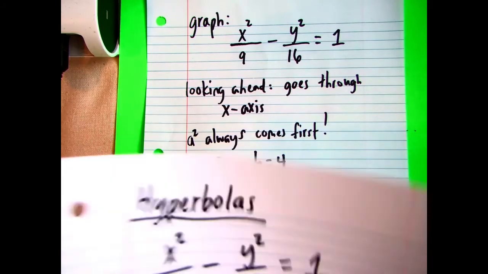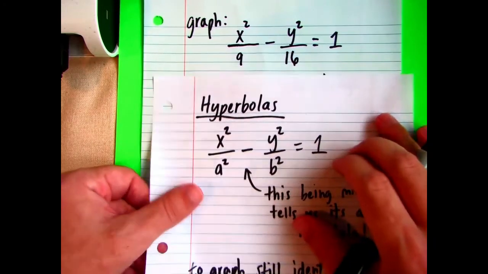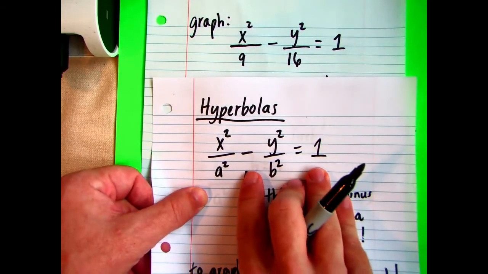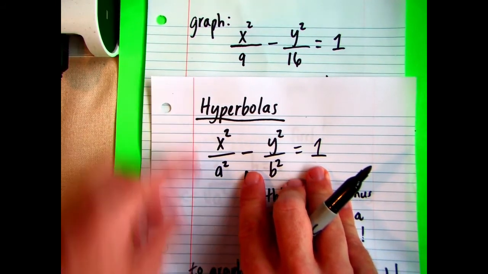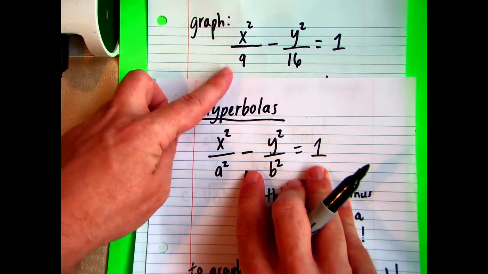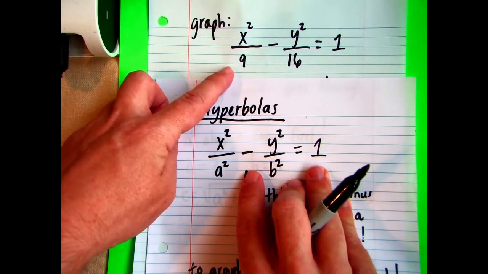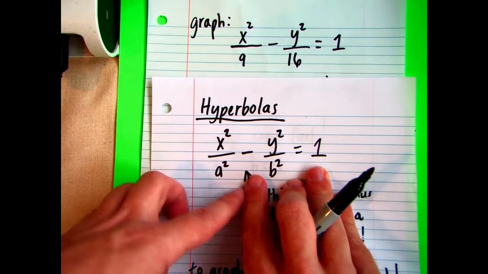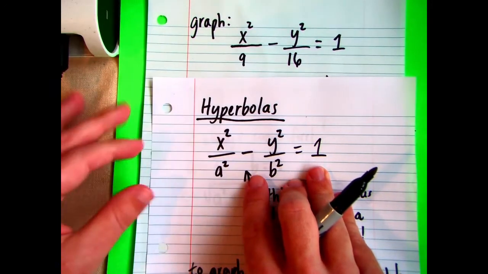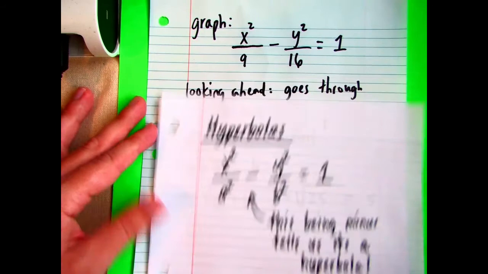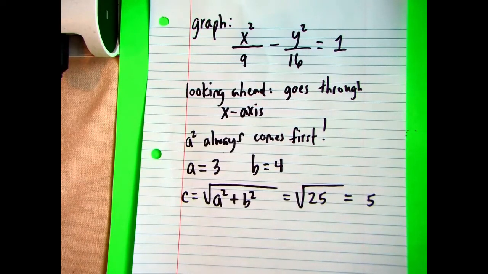So I have my numbers all identified. And again, just pointing out that a squared will always come first. So a squared is 9, b squared is 16. So with hyperbolas, a squared always comes first.